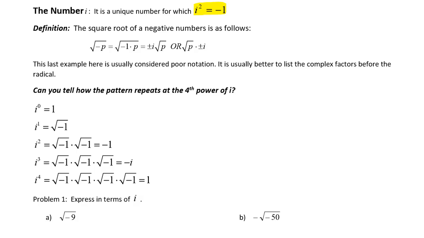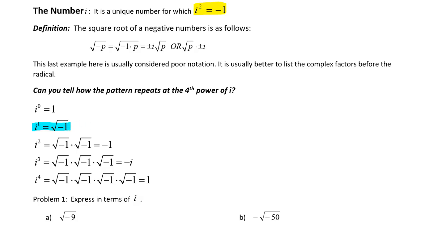So we can see a pattern, hopefully, repeat at the fourth power of i. In this example, we have i to the 0 is 1, and that's true for anything raised to the 0 power. But i raised to the first power is equal to the square root of negative 1. And then we have i squared.